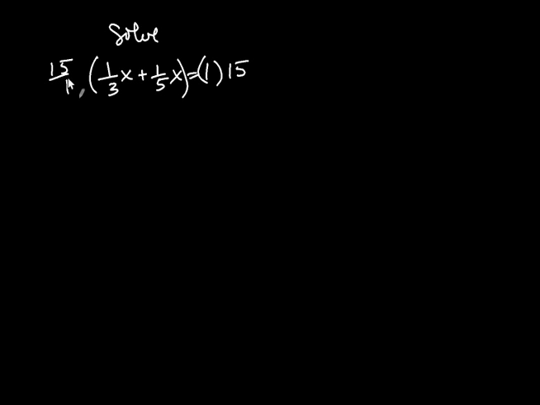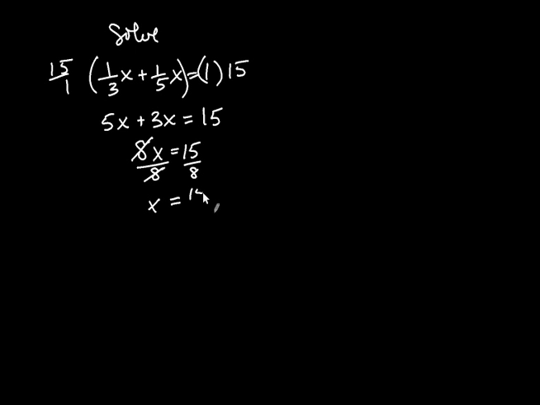And we're going to take that 15 and distribute it. So it's going to be, let's see, 5x plus, and then when you multiply it by this one, it becomes 3x, and you get 15. So combining like terms, we get 8x is equal to 15. Dividing now both sides by 8. Those 8's cancel, and you get x is equal to 15 over 8.